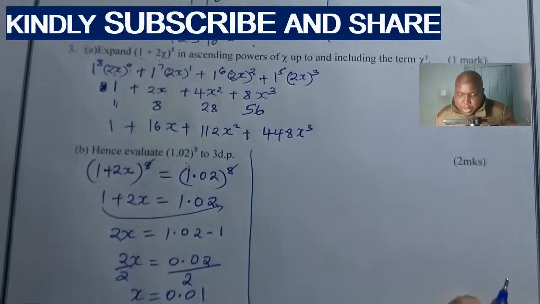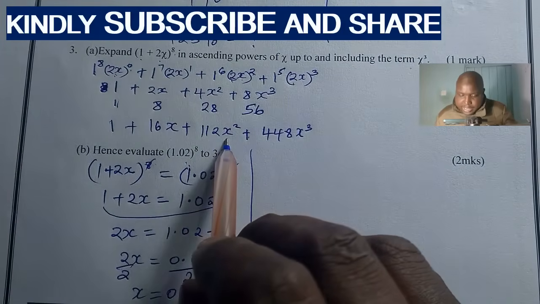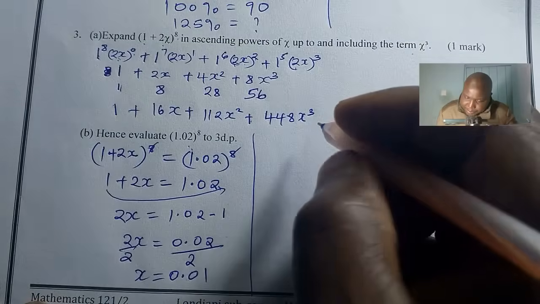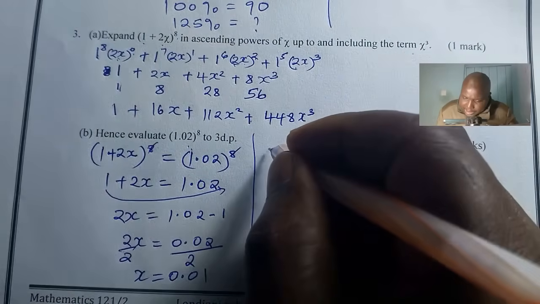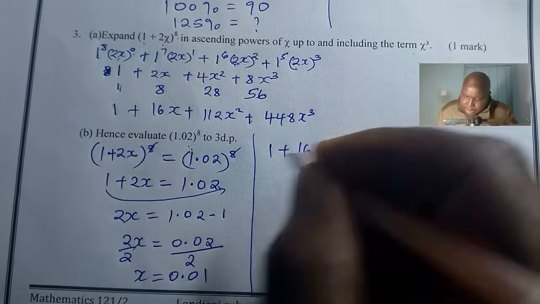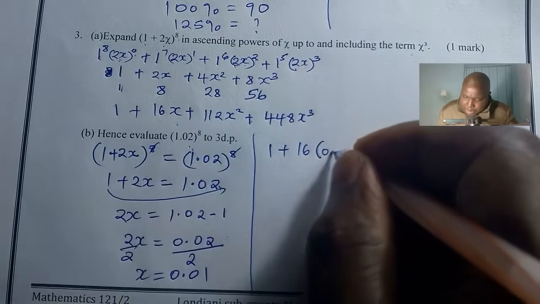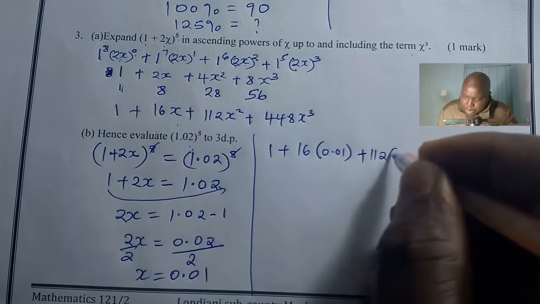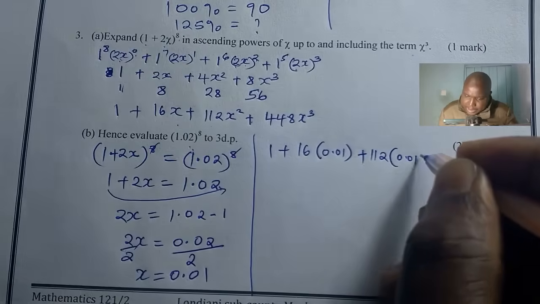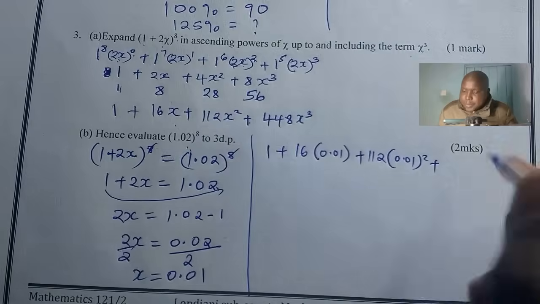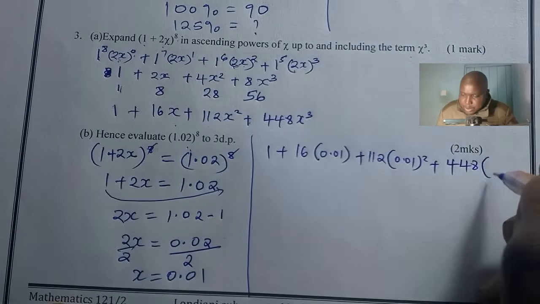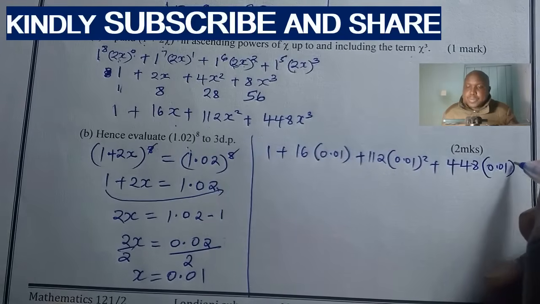Now anywhere in our expansion where you have x, you substitute with this value. 1 plus 16 into x, which is 0.01, plus 112 into 0.01 squared, plus 448 into 0.01 cubed.